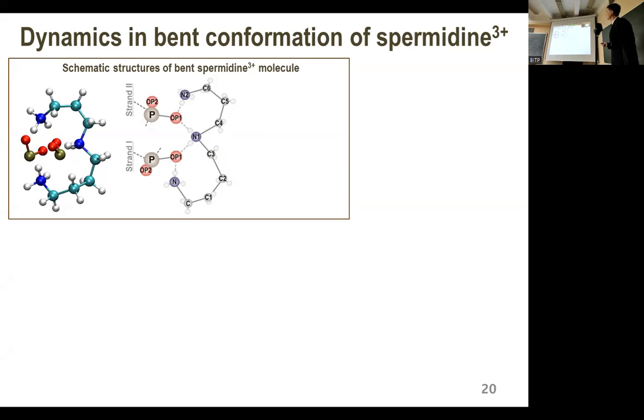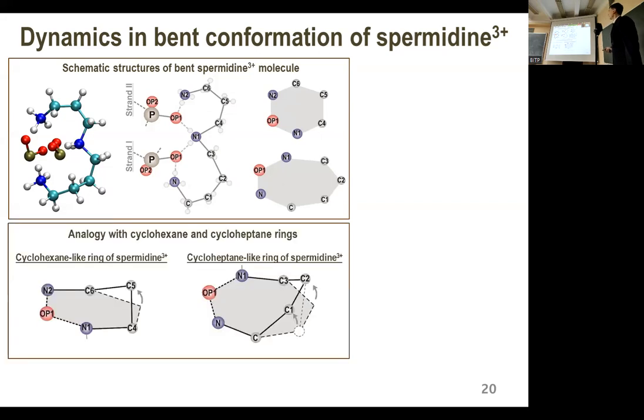Amino group 1 binds to an oxygen atom. The middle amino group binds to both oxygens, and the last amino group binds to an oxygen atom. So we have two rings. One ring is a 6-atom ring, and another one is a 7-atom ring.